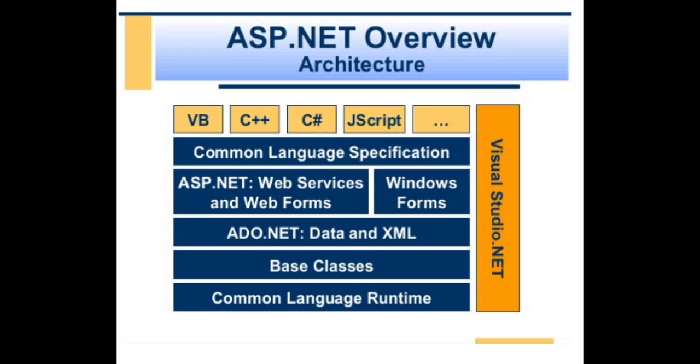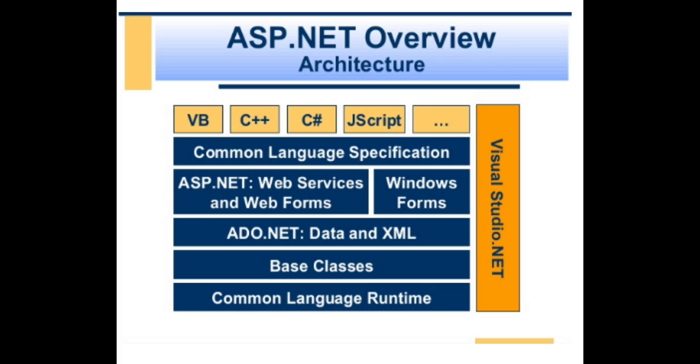After the languages you can see the common language specification. Then we have ASP.NET, in which we have web services and web forms, where we develop web applications and websites. Windows Forms means how forms can be developed using Windows. Then we have ADO.NET, which is ActiveX Data Objects. Then data and XML.